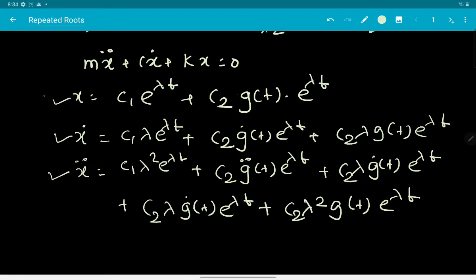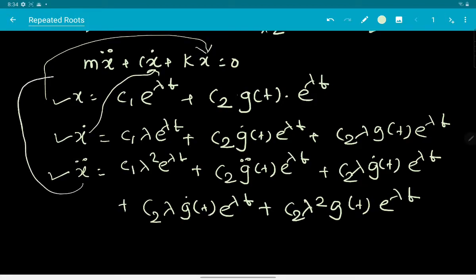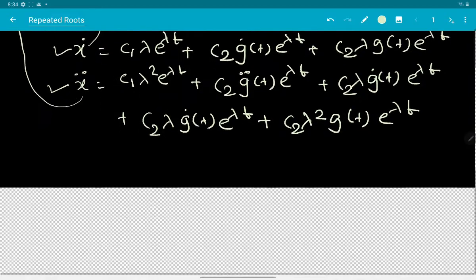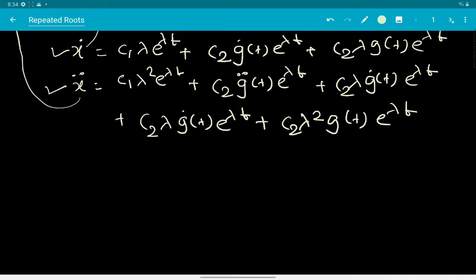So what we'll be doing is we'll be plugging in this value of x over here, x dot value will go over here and x double dot value will go over here. Okay, and if I do so, then I'll be multiplying this x double dot by m.